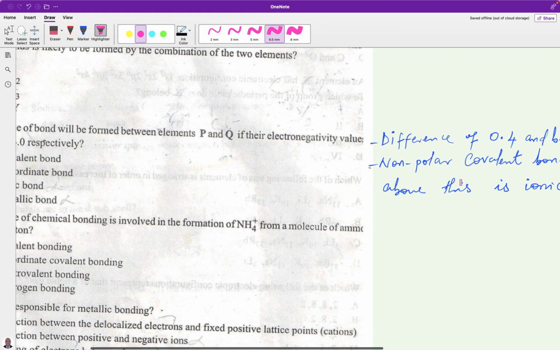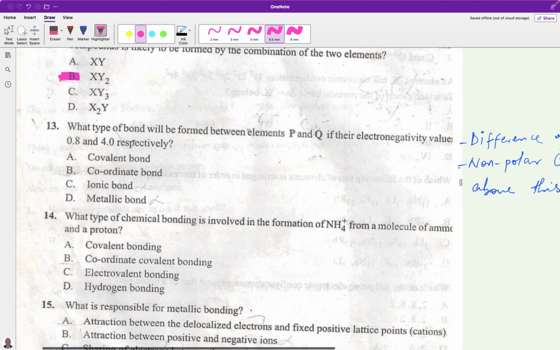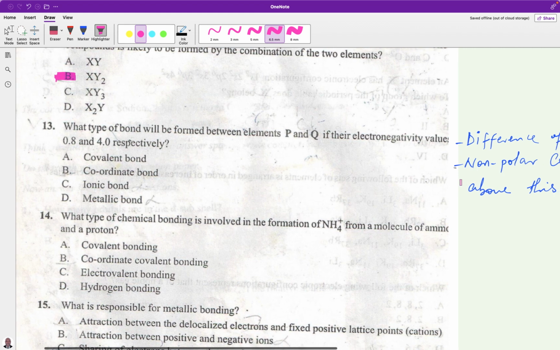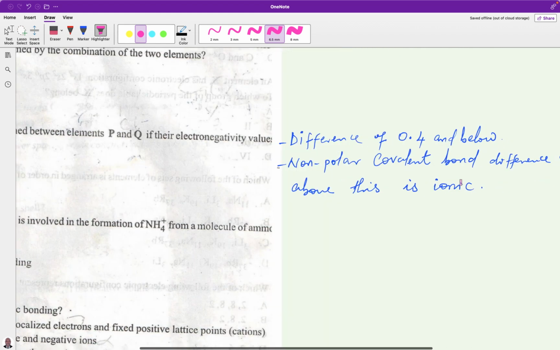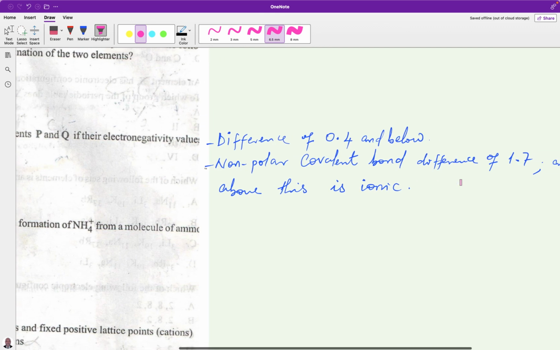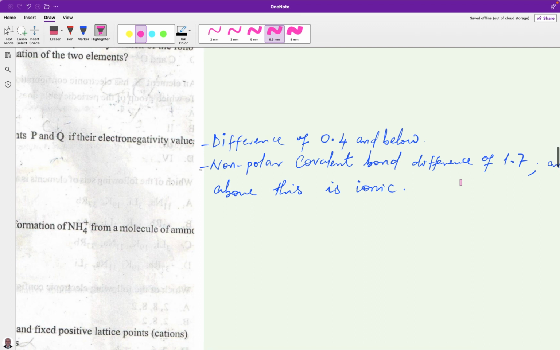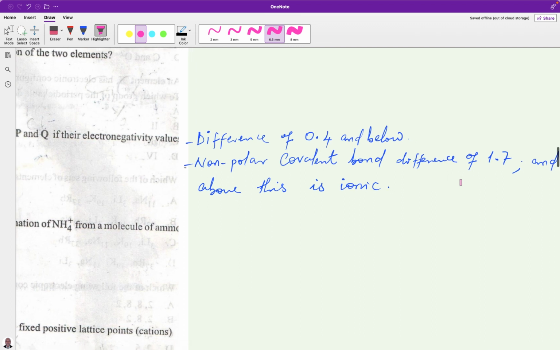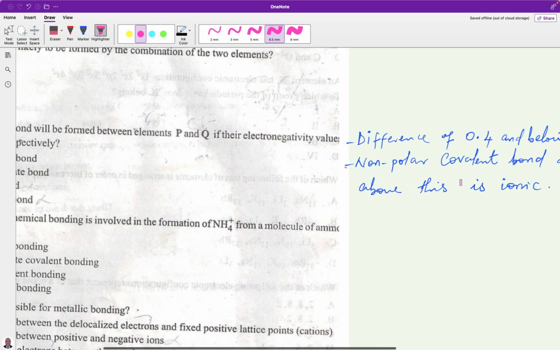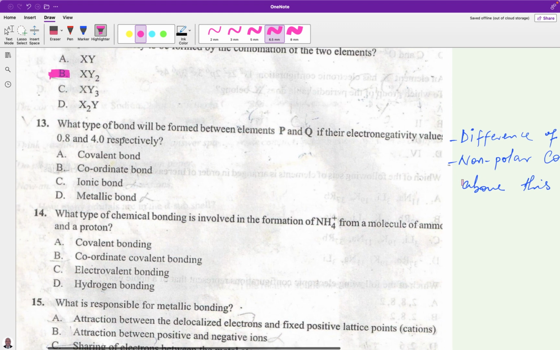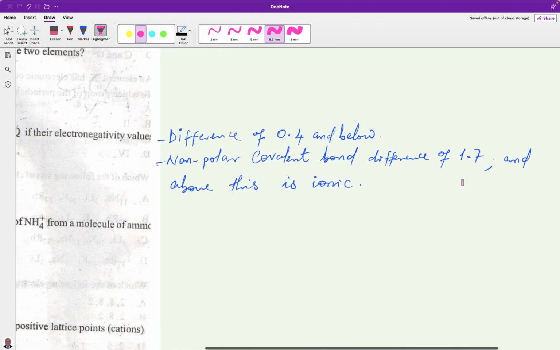The difference here is 0.4, since this is 0.8 and this is 0.4. Ionic bonds need a difference of 1.7 and above.